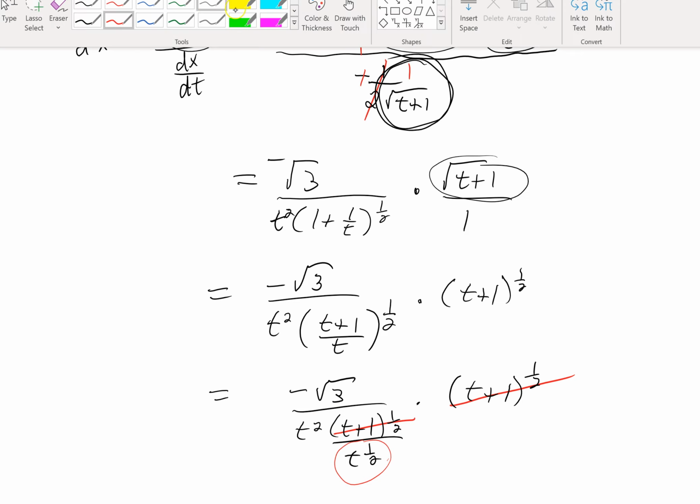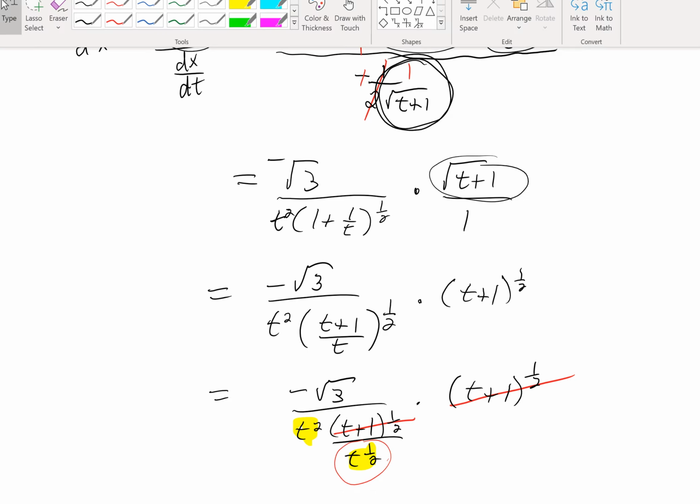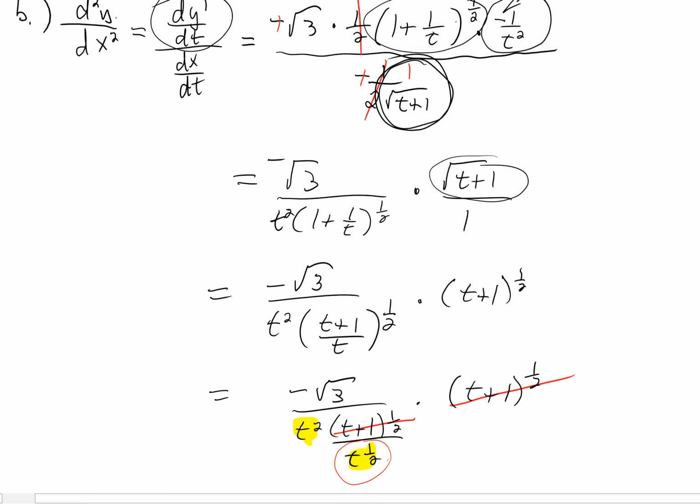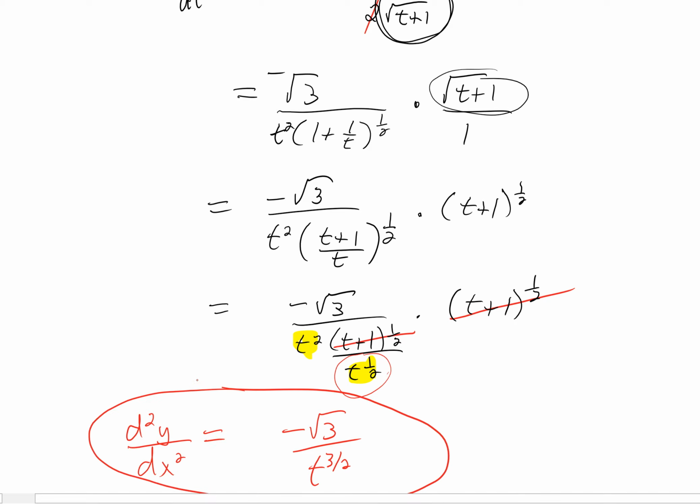However, I hope you're going to see right here that t squared and t to the 1/2, if you just had those next to each other, you would just turn that into a t to the 3/2. And that's the answer that we have for our second derivative. Forgive me if the negative here was not on our Google Classroom answer sheet. If so, it might be very faint. But a long problem, you're not going to have quite as nasty of algebra like this on an assessment or even on an AP.